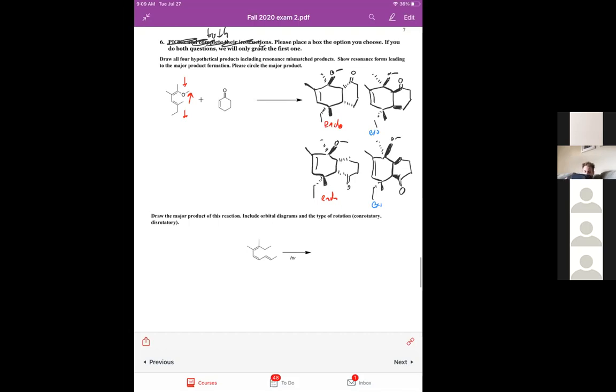Okay, taking a look at resonance. So resonance for our first, let's do the dienophile first. It's a little bit easier. Push these electrons upward. This will generate a positive down at the bottom here.